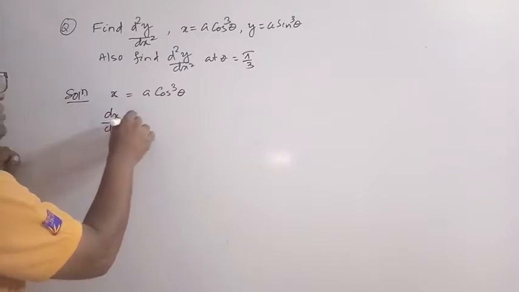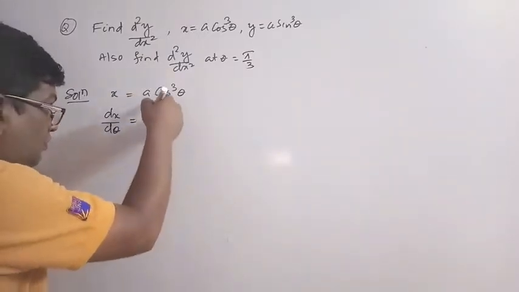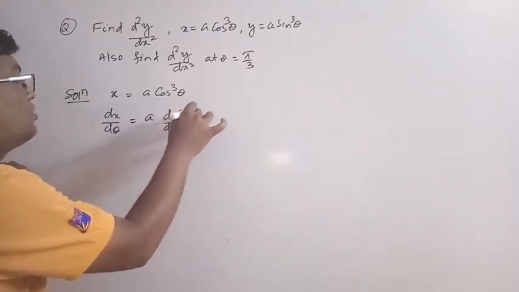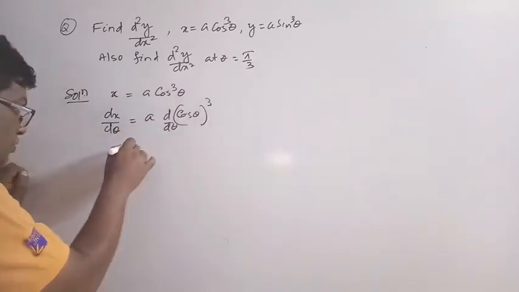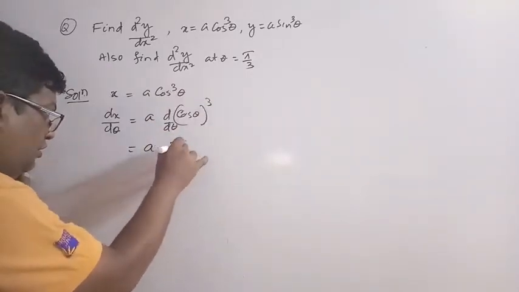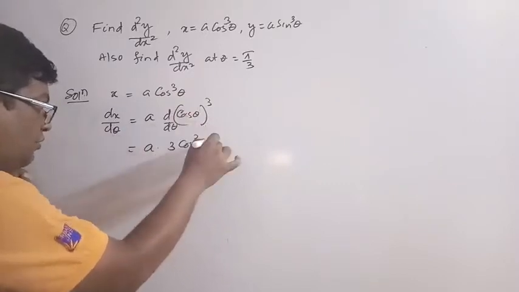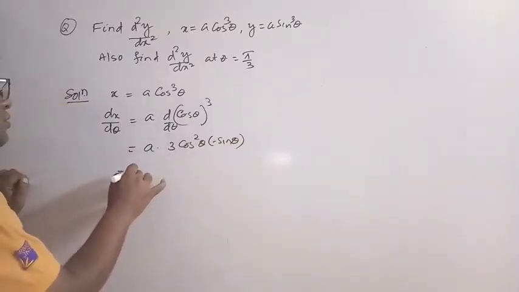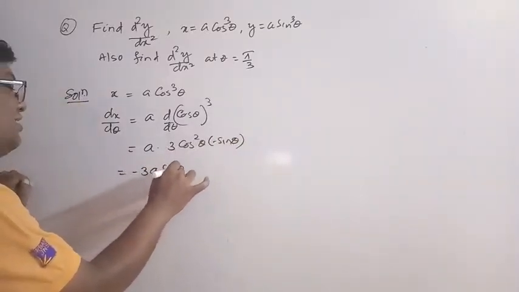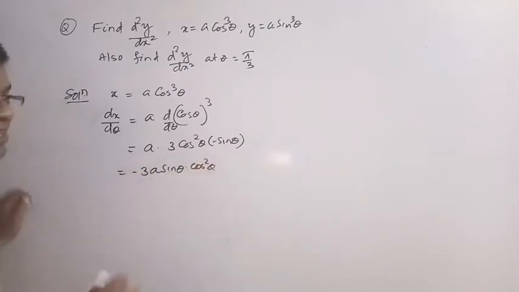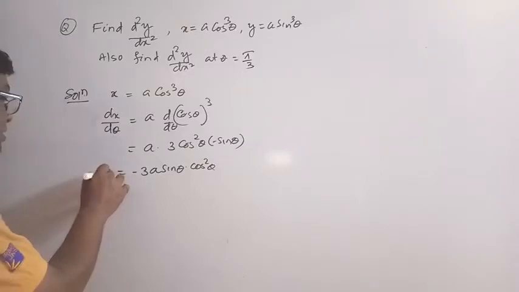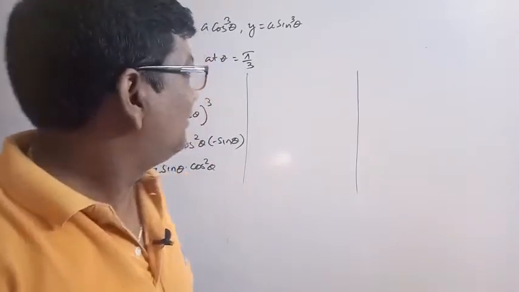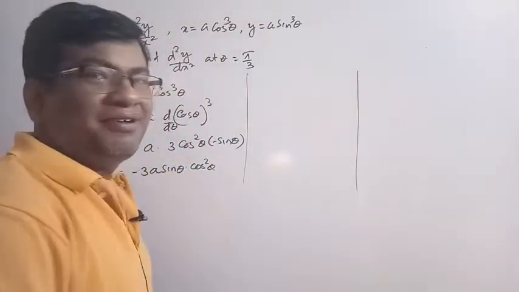dx/dθ is equal to a constant, the derivative of cos³θ means d/dθ of (cos θ)³. So this is equal to a into 3cos²θ into the derivative of cos θ, which is minus sin θ. So dx/dθ equals minus 3a sin θ cos²θ. Now dy/dθ.